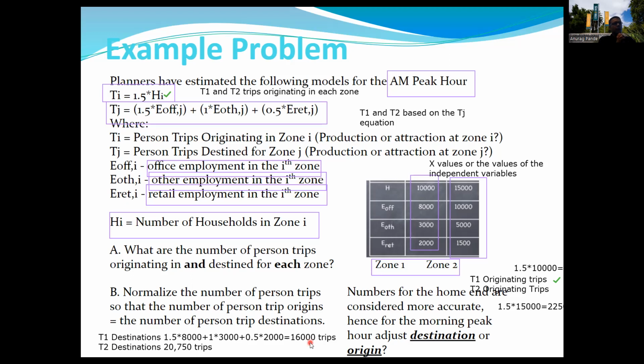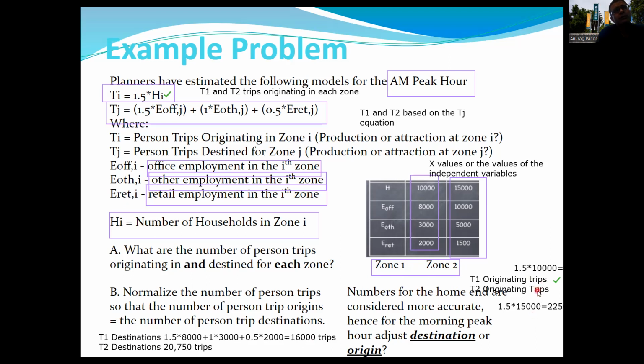Now, that's not right. If it's a self-containing area where there are only 2 zones, and you do a regional analysis, typically we assume that the number of productions from a zone has to equal the total destinations for that zone. Because we only have 2 zones here, and that's the level of problem we're going to deal with in this chapter and this class, what should I do?